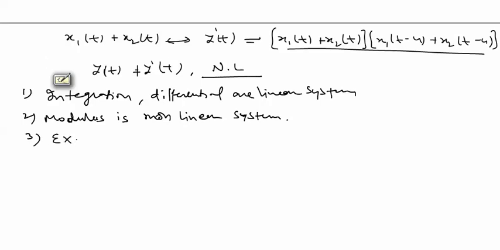Exponential is a non-linear system. Sampling is a linear system.